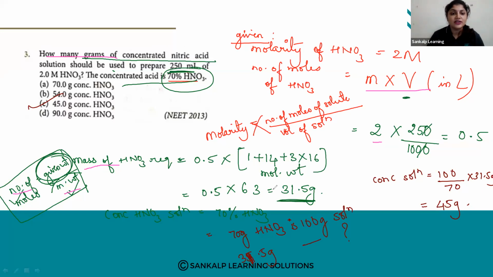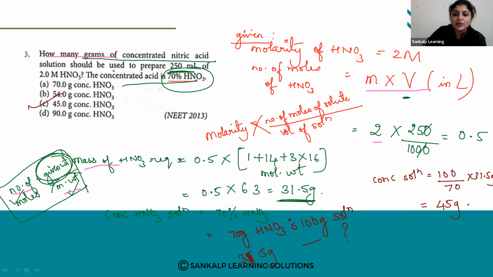Now the concentration of HNO3 given is 70%, so we have to take it with respect to 70% HNO3. 70% means 70 grams of HNO3 is dissolved in 100 grams of solution.